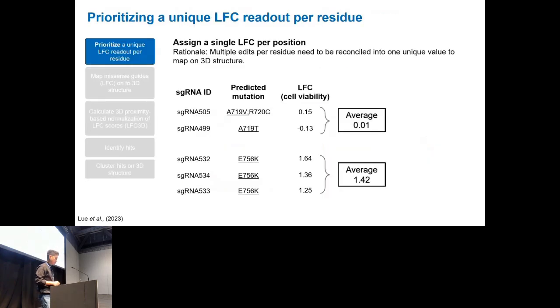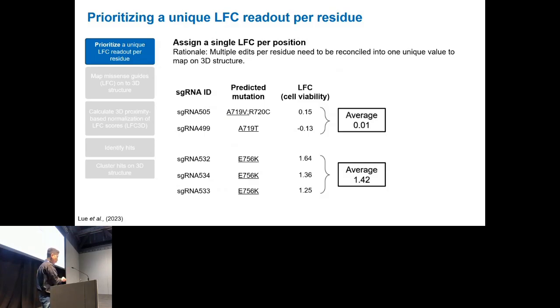And the second part is, if you remember, we have a lot of guide RNA to cover the whole gene. So a lot of guide RNA can hit one position with either the same mutation or different mutations. But somehow we need to pick just one readout or LFC value per position to map on the 3D structure.